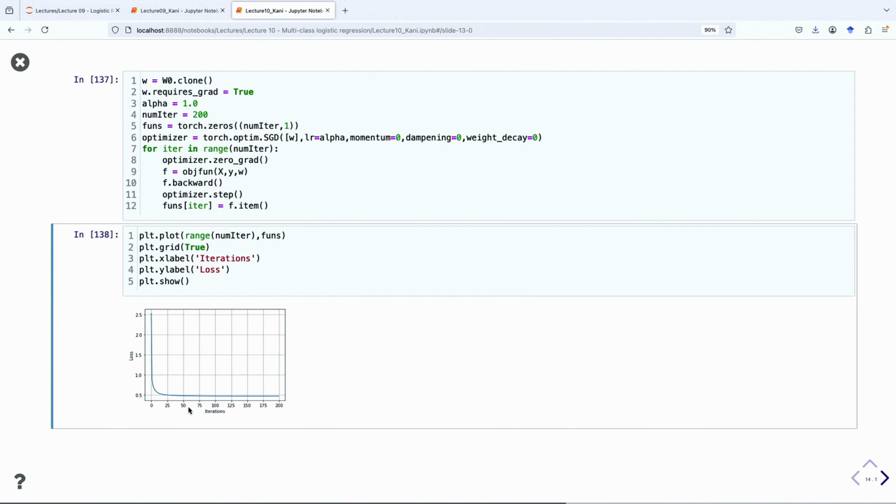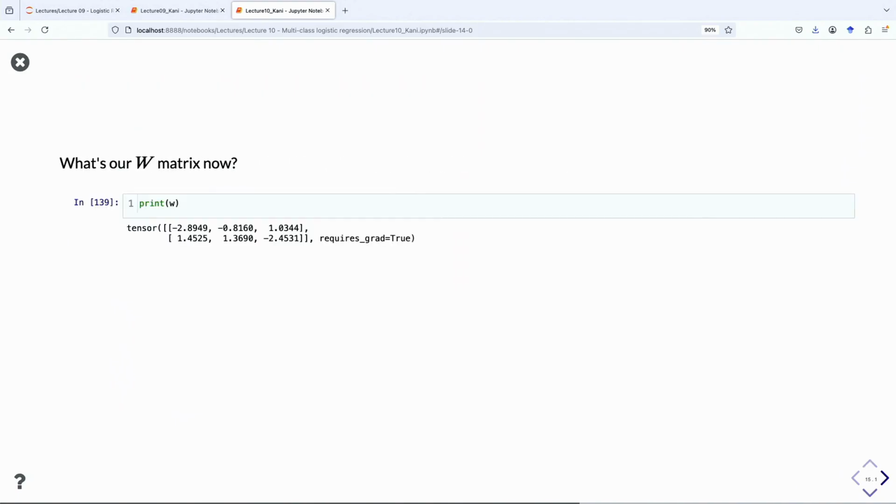Now the question is, how do we visualize it? We have 6 parameters. Actually our W matrix is like so: b times m, b times m, b times m for class 3. So how do we actually visualize this?